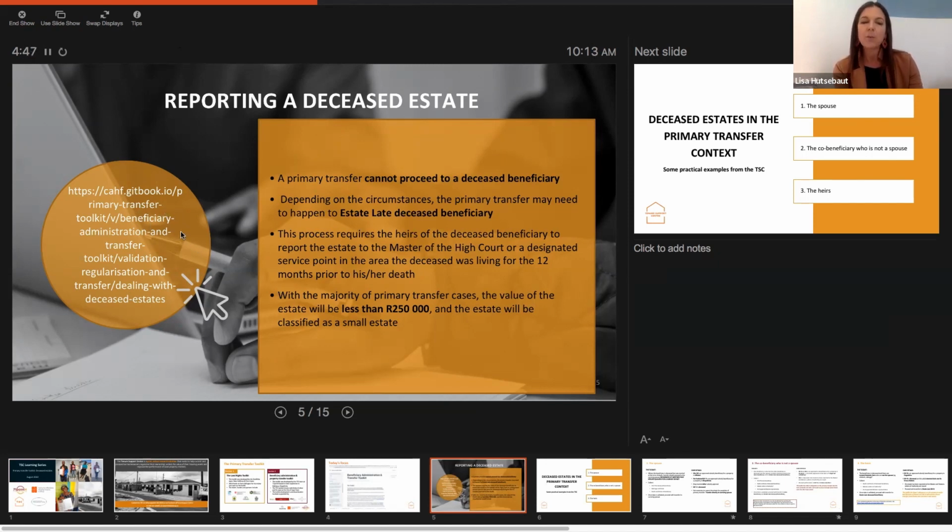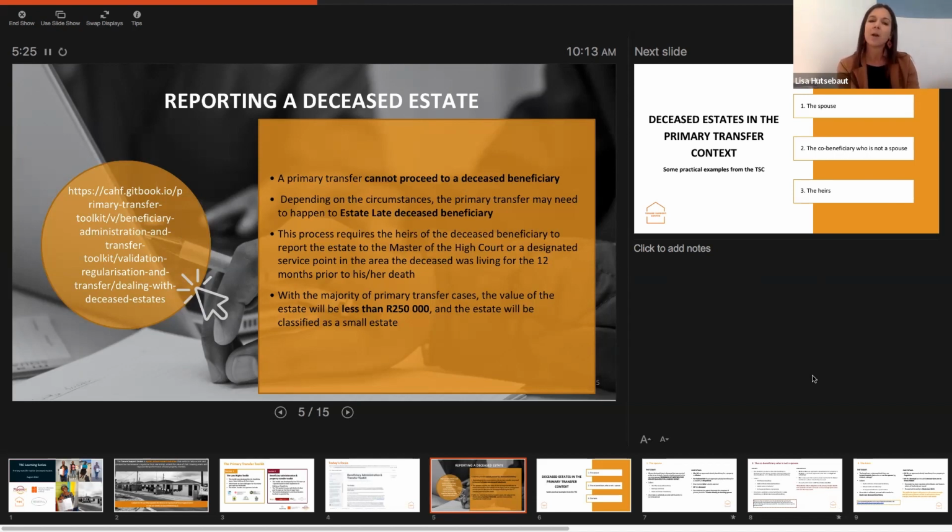It will be necessary when we need to transfer a primary transfer property into a deceased estate, which is one of the processes that can be followed. It's not the recommended process for every deceased estate case, but it is one of the processes. It involves a family member, somebody related to the deceased, compiling quite an extensive pack of forms and lodging those either at the master's office or at a designated service point of the master's office, which is most magistrates' courts.